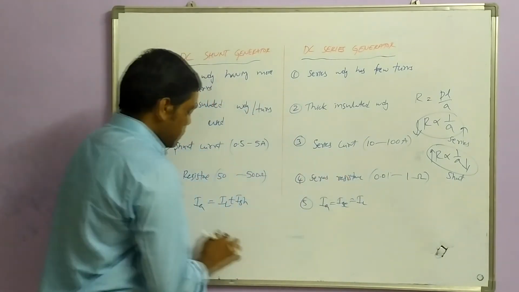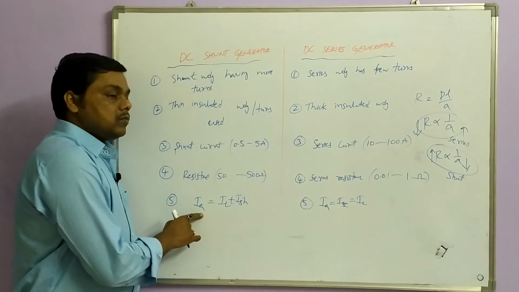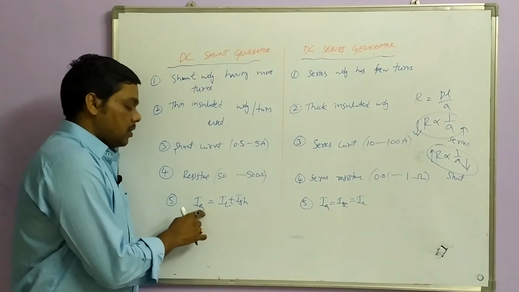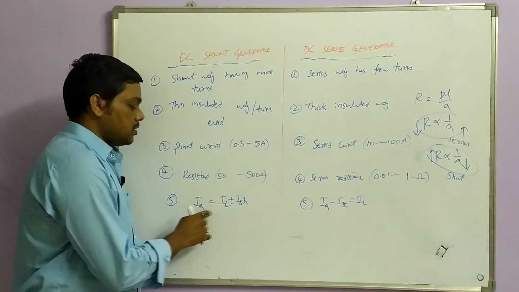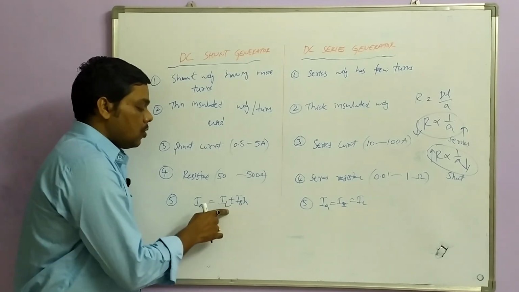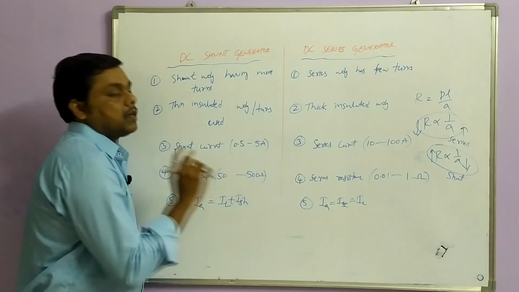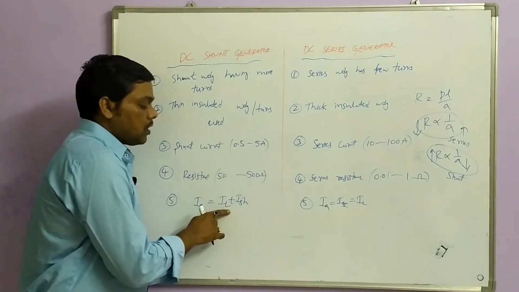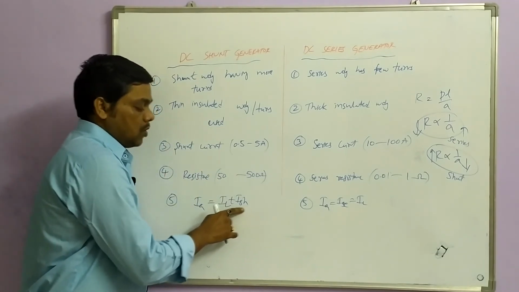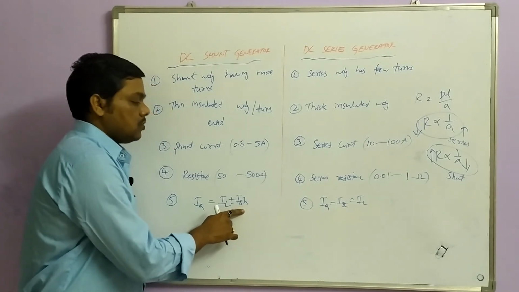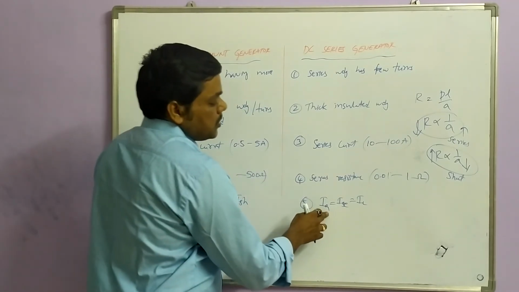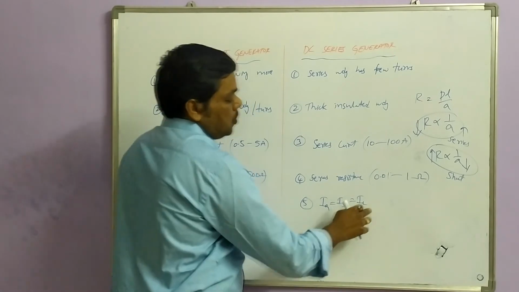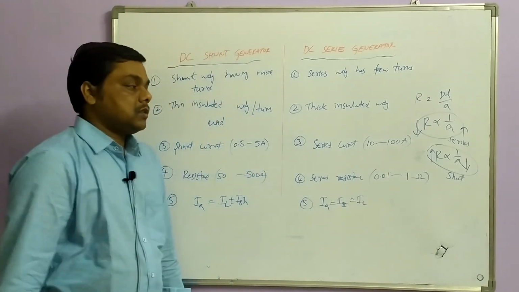Now the armature current delivered from the generated EMF in the armature conductors is the sum of load plus shunt current. Armature current may not be equal to load current since a small amount of shunt current is also there, but here the armature current is equal to the load current.